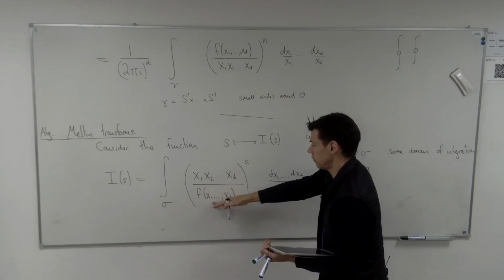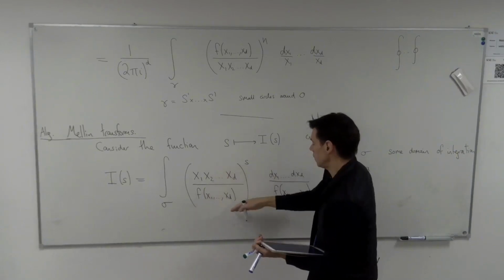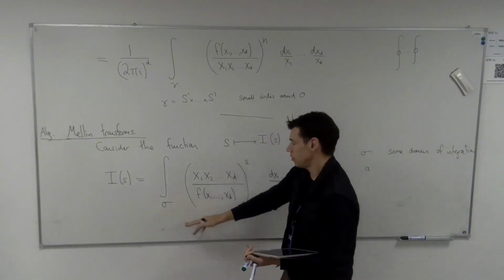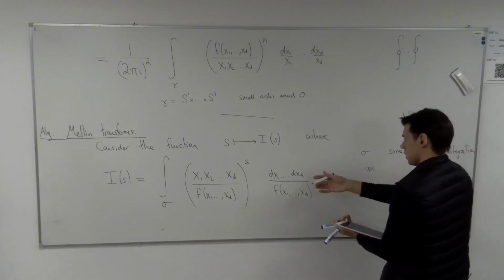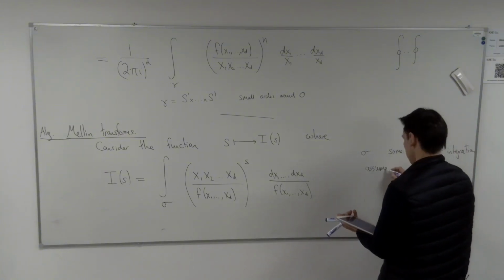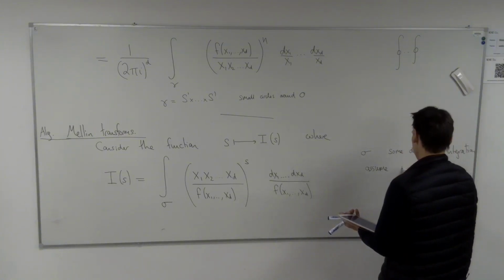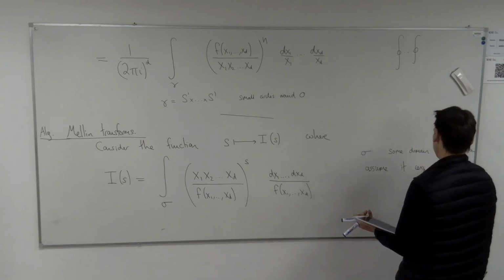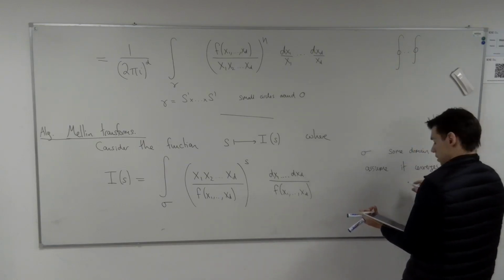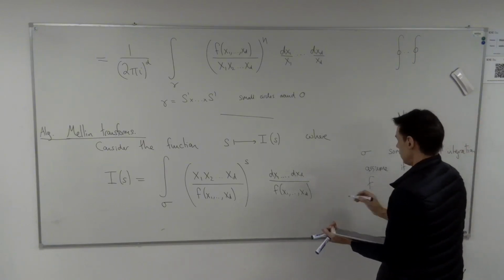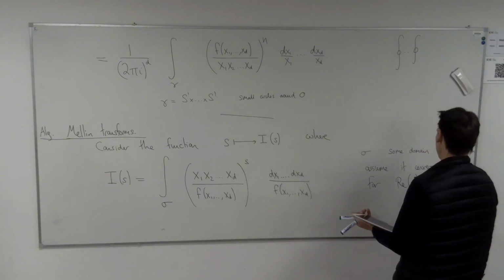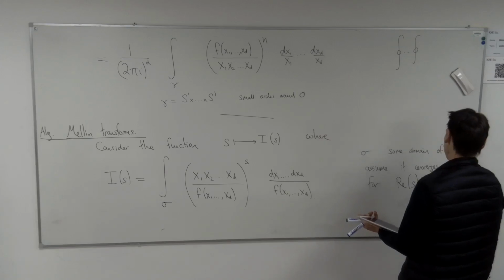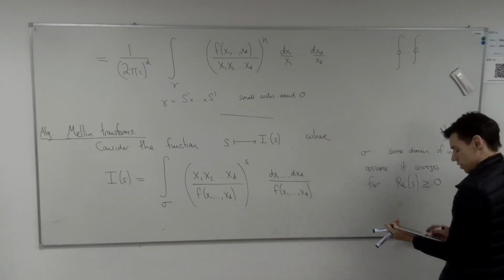If f is going to have some singularity, some pole somewhere, they better not meet sigma. You can make this very precise, but I don't want to. So let's just assume it converges for the real part of s bigger than or equal to 0.